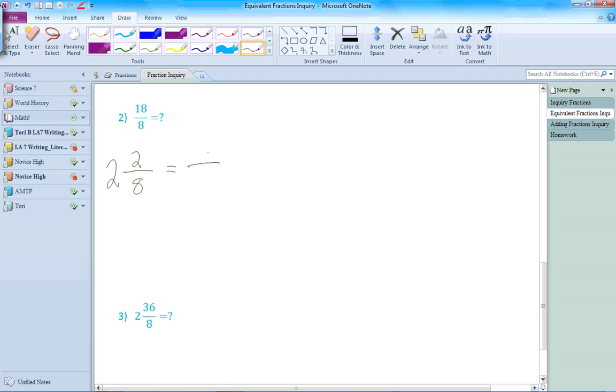So let's get rid of the 2. And what's the greatest common factor for 8 and 2? 8 can have 1, 2.